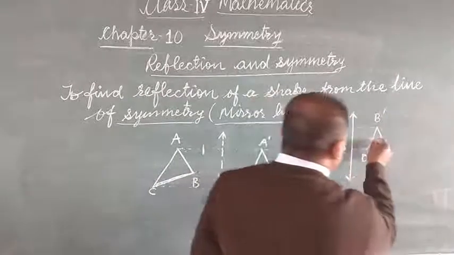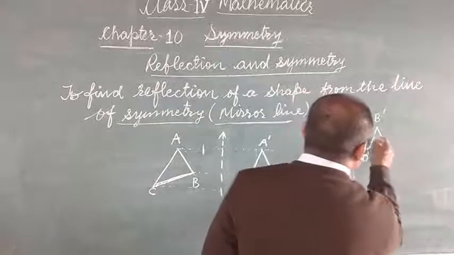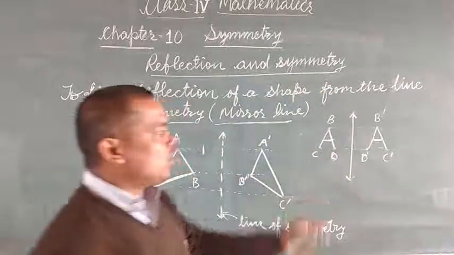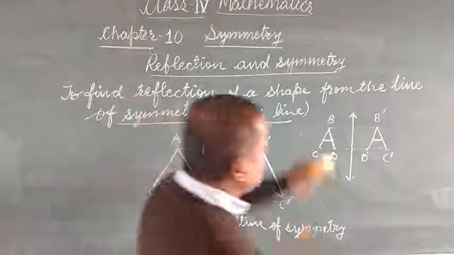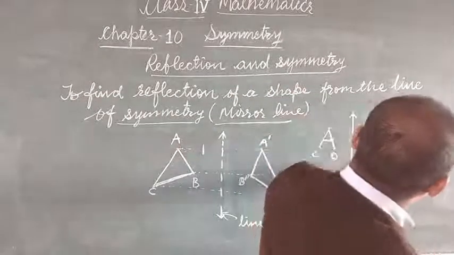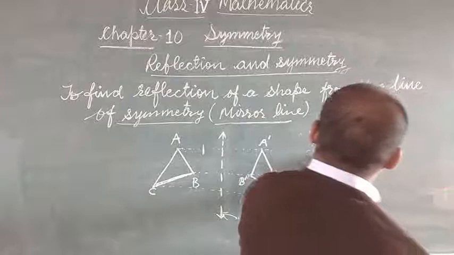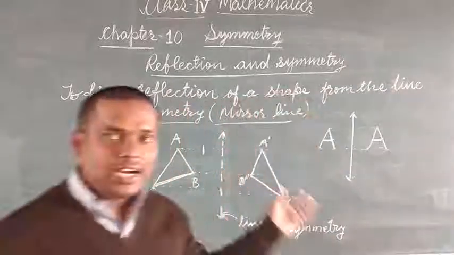Now for this we will get here, and for this we will get here. So this is the reflection of A. This point now I am going to remove. So this is the reflection of letter A.